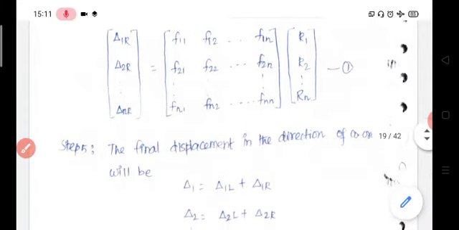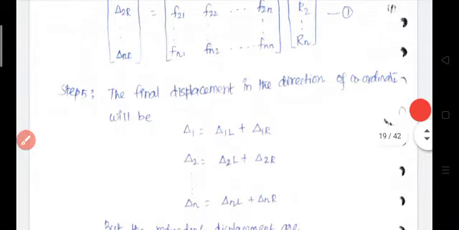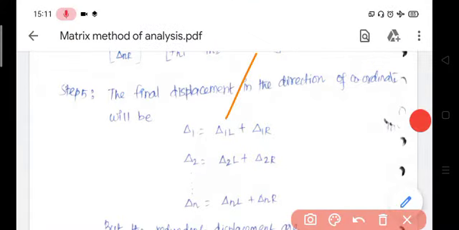Then step 5: the final displacement in the direction of assigned coordinates, the net displacement, is equal to delta, which is the deflection due to the system of external loading plus the deflection due to redundant reaction. Add these two, which gives the resultant displacement.